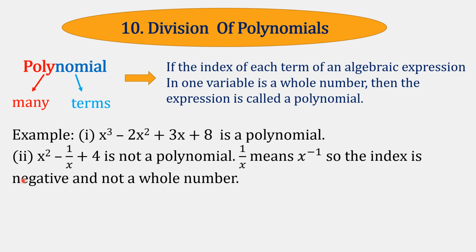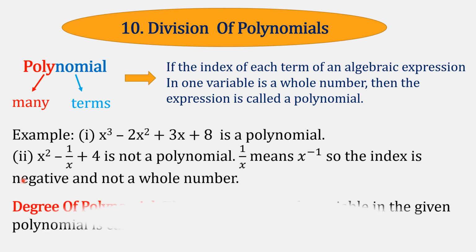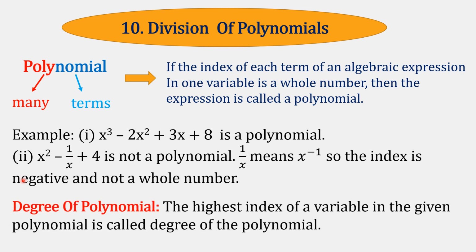Understood what is a polynomial? Now students, degree of a polynomial. The highest index of a variable in the given polynomial is called the degree of the polynomial. If you see the above example, the first one, x cube minus 2x square plus 3x plus 8, it is a polynomial.